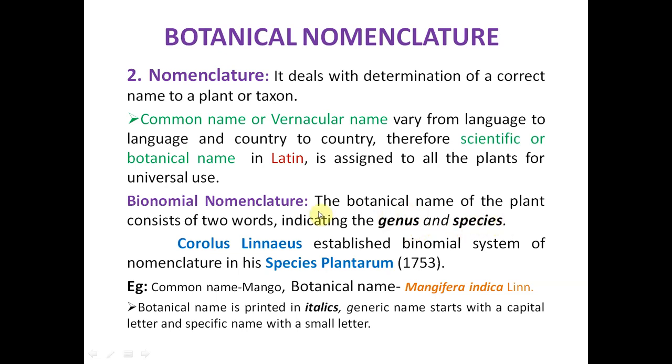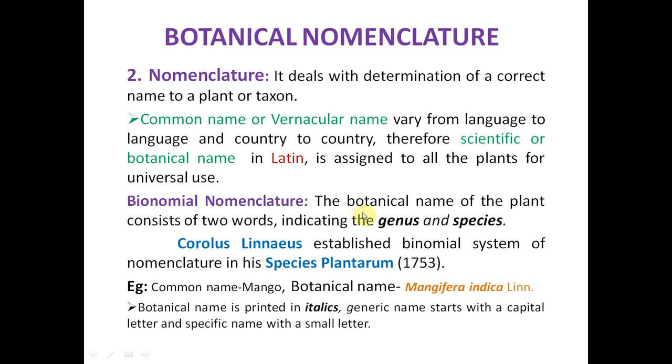So the name of the plant is in two parts. Like our names, the first name and second name, our given name and surname, for plants also the names consist of genus name and species name. So it is called binomial nomenclature.